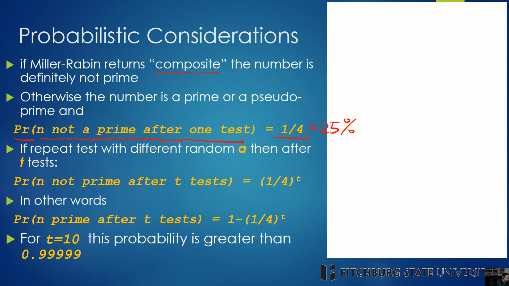So if we test once, we can say the probability that n is not a prime is 25%. Now, how about if we repeat the test? In the second test, Miller-Rabin still returns maybe a prime.